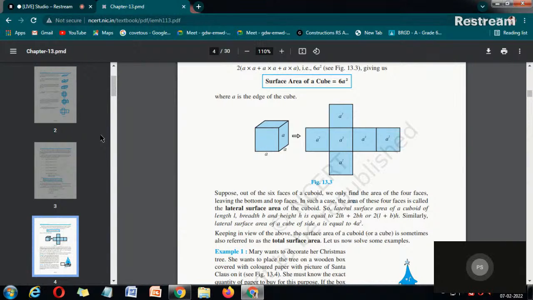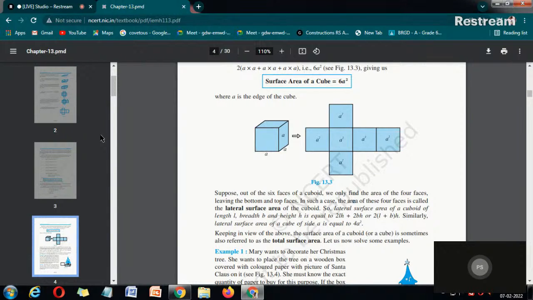For example, there's a truck. To find the total surface area of this truck, there are different shapes over there. There's not only a cone, there's not only a cube, there's not only a cuboid, right? There are different shapes. For example, there's a cylinder, there are two hemispheres in that. So, to find the total surface area of this truck, we have to add the curved surface area of the solid figures.